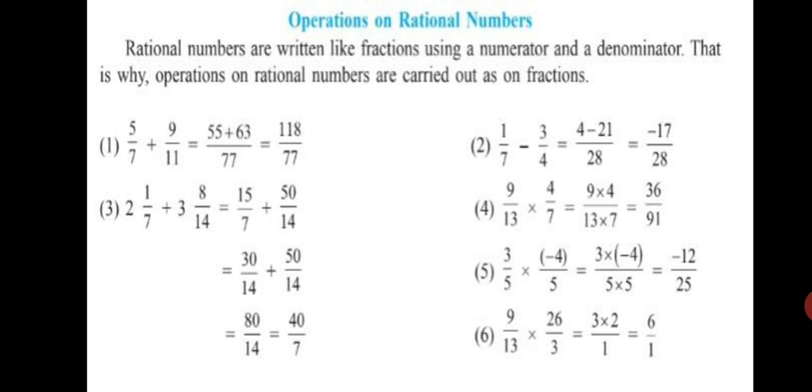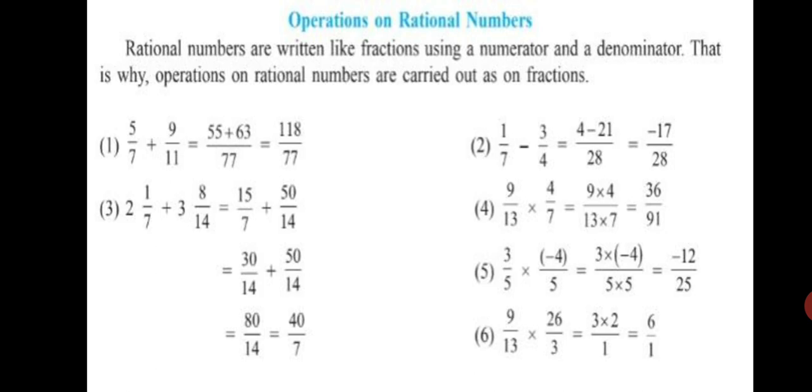Some examples are given here. Let's have a look at them. 5 upon 7 plus 9 upon 11. Now, in addition or subtraction of fractions, we have to equalize the denominator first, and then only we can add the numerators, taking the common denominator down. So, 7 and 11, we know the LCM will be 77, least common multiple.